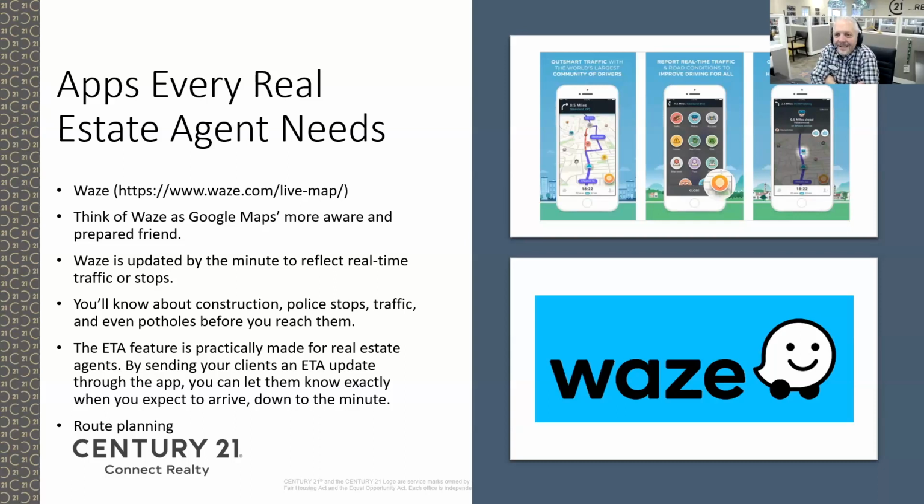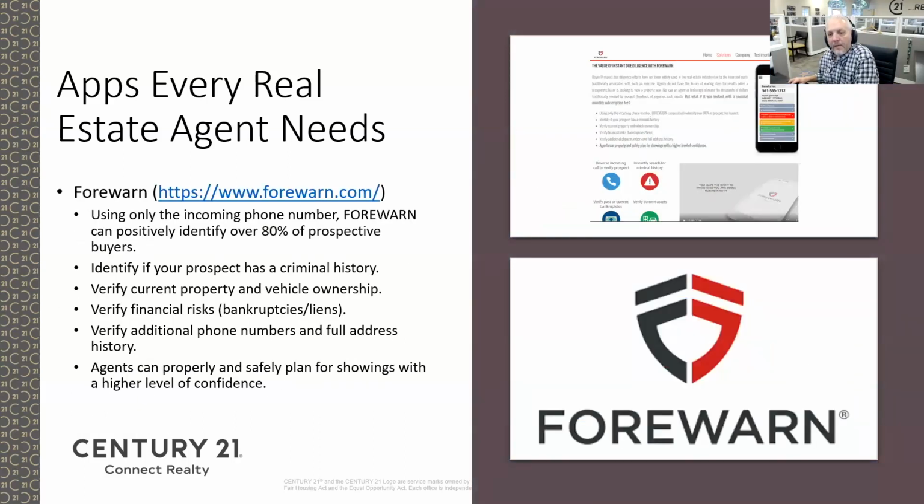That way it's easy to pick up the phone while you're walking around house number 1 and immediately pull up house number 2, and you can say, okay, we've got a 15-minute trip there, and we're already behind schedule. It tells you that you need to hurry your clients up or slow them down, one of the two. Having the routes already pre-planned and knowing when you've got to be there and on what schedule is very, very helpful. I like Waze.